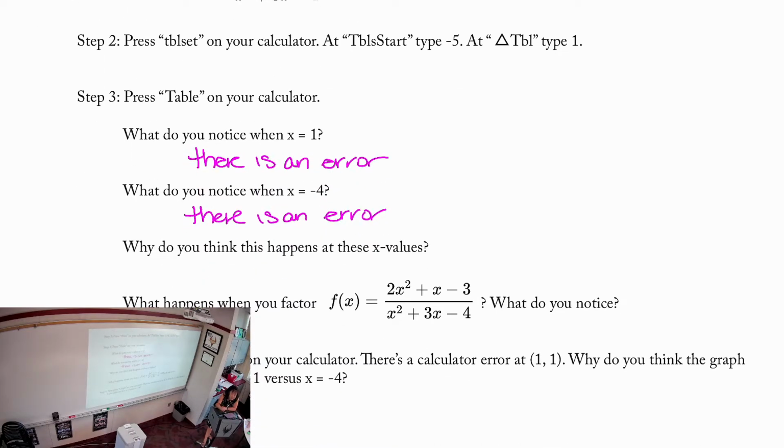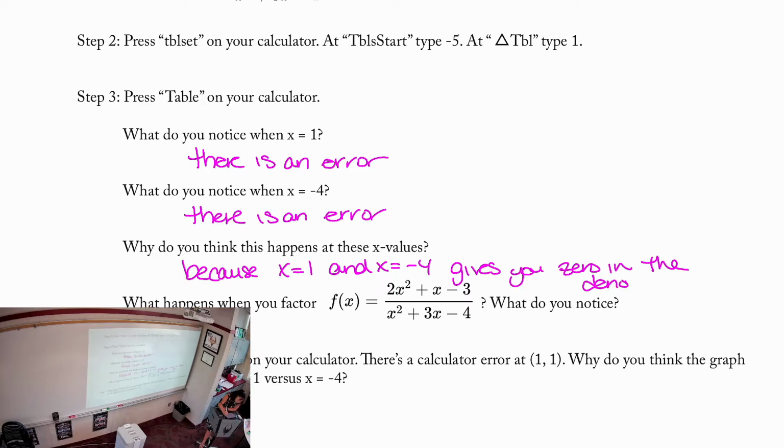Because you get 0 in the denominator, which leads to the asymptote. So at x equals 1 and -4, you get 0 in the denominator, which is why there's an error, because it's undefined. So, what happens when you factor?